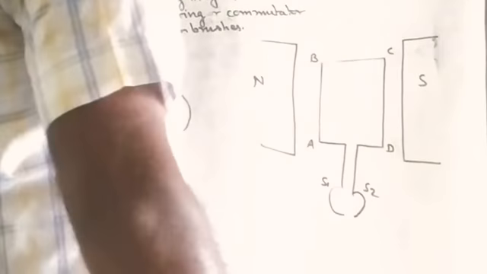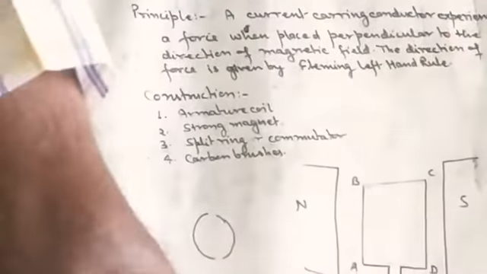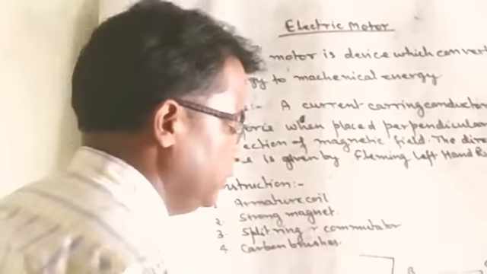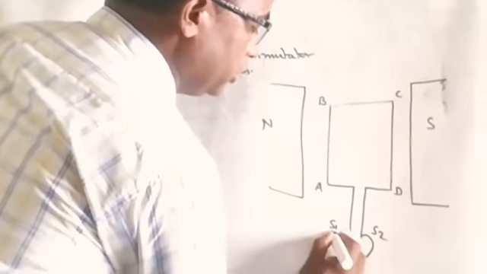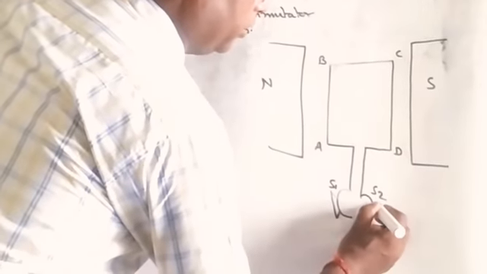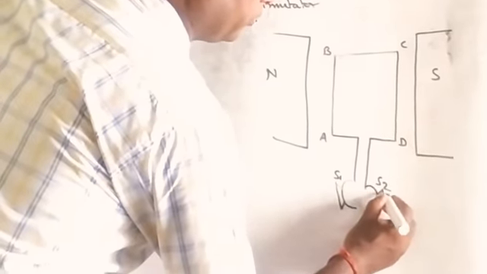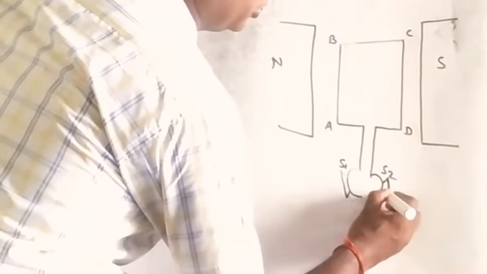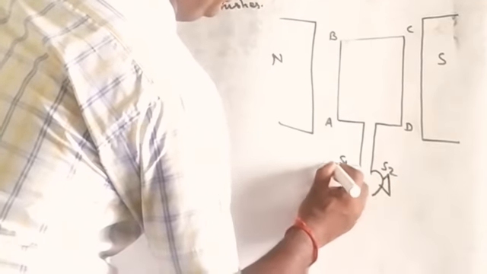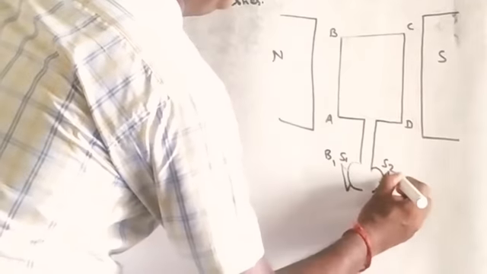All of you know that carbon is the only non-metal which conducts electricity. Then this split ring is held by the carbon brushes B1, B2.